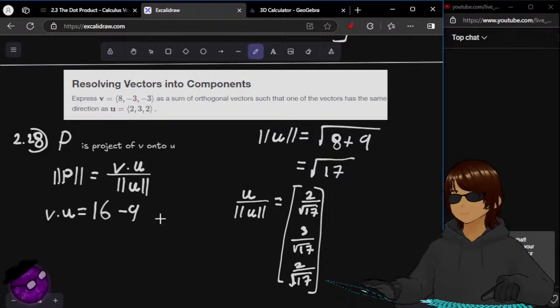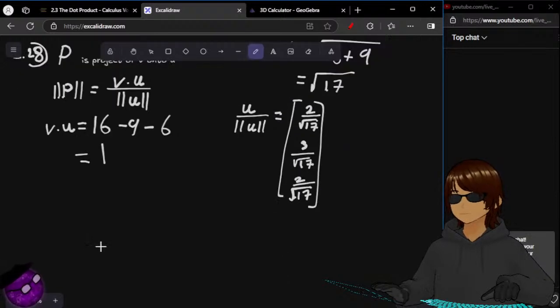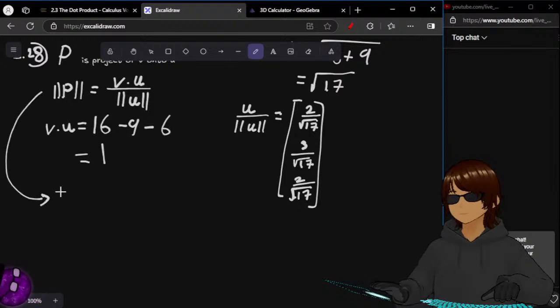Minus 3 times 2 is minus 6. I have a calculator next to me. 16 plus 9 minus 6 is 19. So this over here is 1 over root 17.